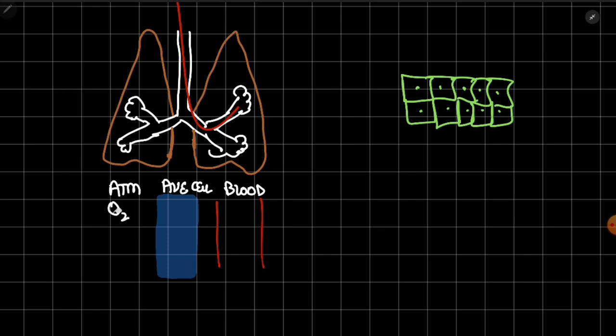Okay, so we have O2 in the atmosphere. Now what happens, the concentration of O2 is more in the atmosphere, or rather to say, this is not the atmosphere, this is the inside of alveoli. I will write it alveoli, so you will not get confused.